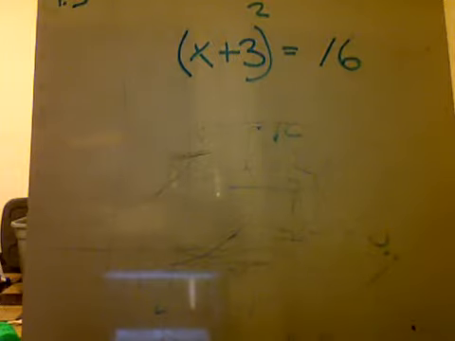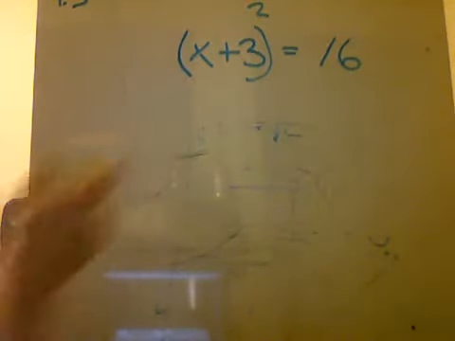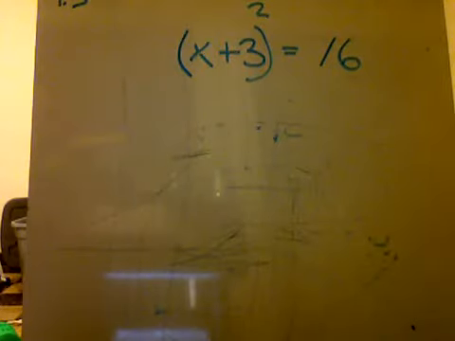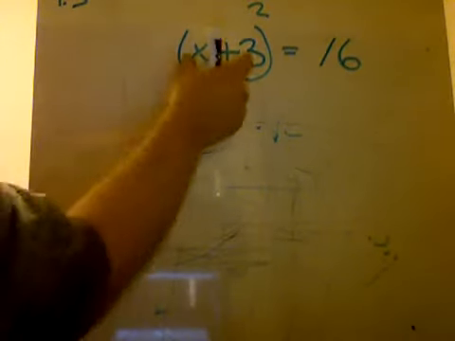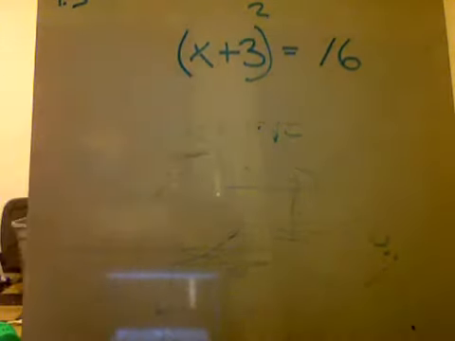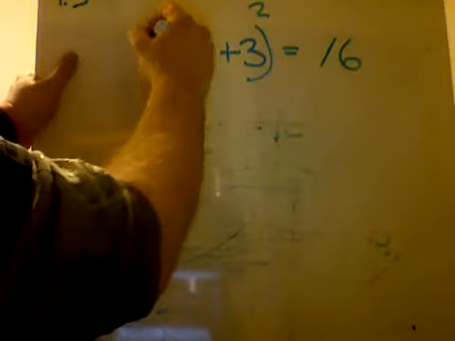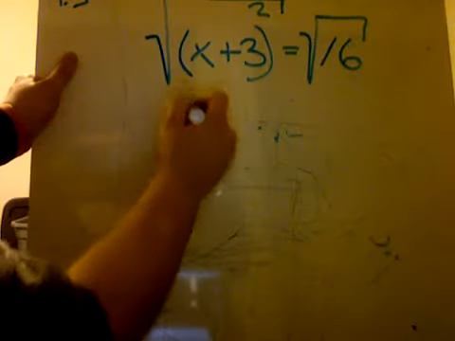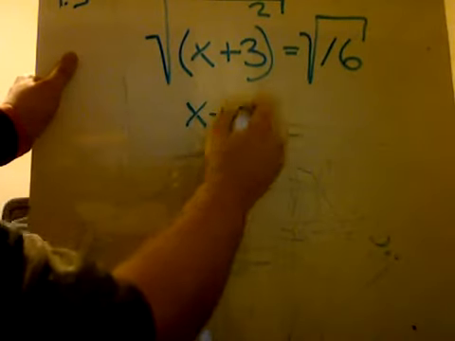But this time, what I'm doing here is I'm taking this x plus 3 and I'm squaring that. I'm squaring x plus 3, right? This is x plus 3 times x plus 3. I can't just distribute that square to both of these pieces. If I do, I'm losing information. Okay? So I need to get rid of that square first. So what I'm going to do is I'm going to take the square root of both sides. Okay? So the square root and the square undo each other, and I'm left with x plus 3.